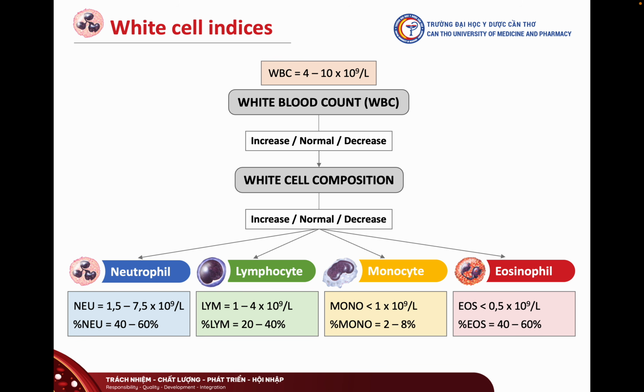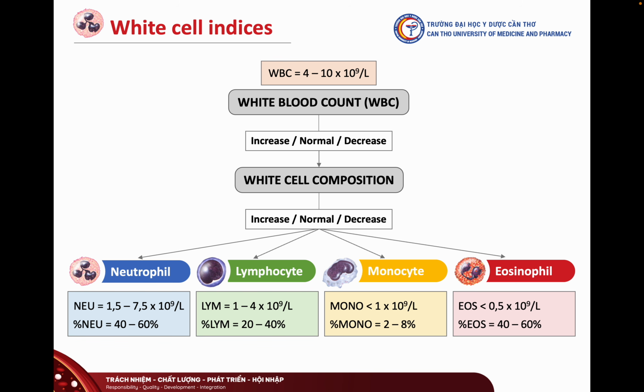Let me walk you through the basic thresholds, and I will read them exactly how you will see and hear them in real practice. Neutrophilia is when neutrophils are above 7.5 times 10 to the 9 per liter. Neutropenia is when the neutrophil value is below 1.5 times 10 to the 9 per liter.